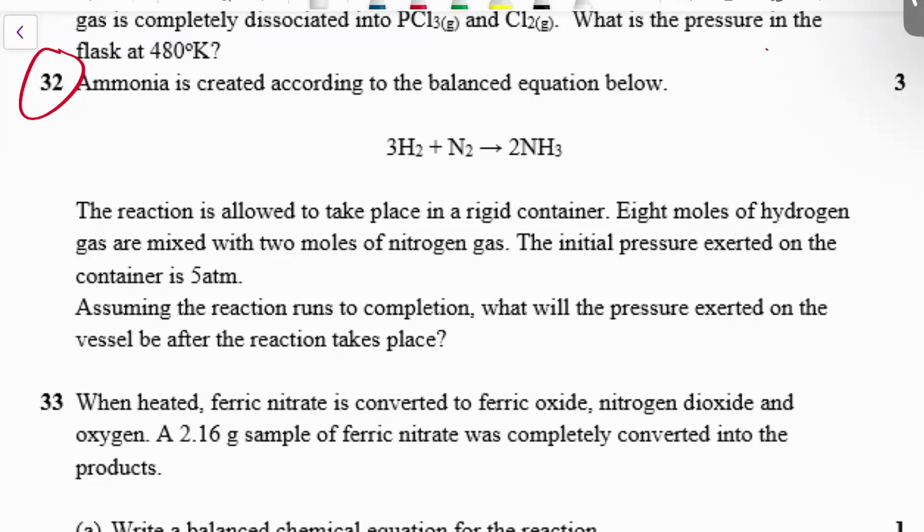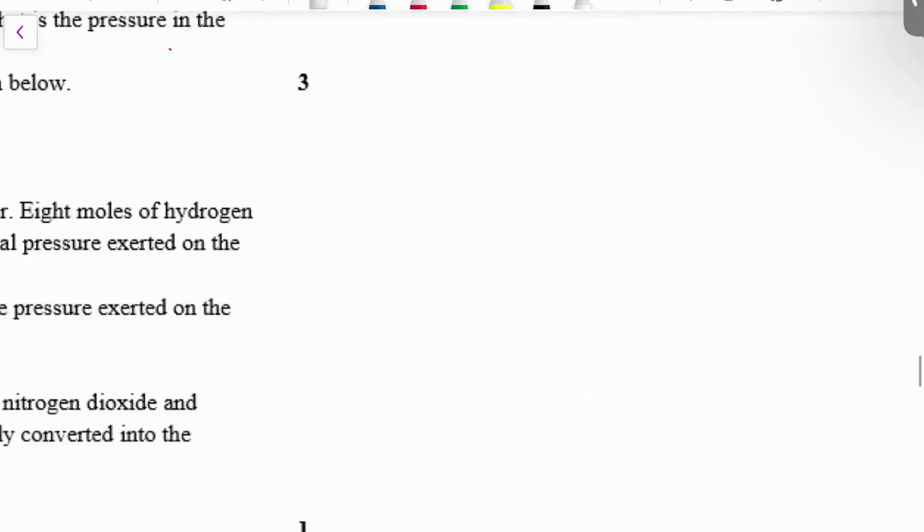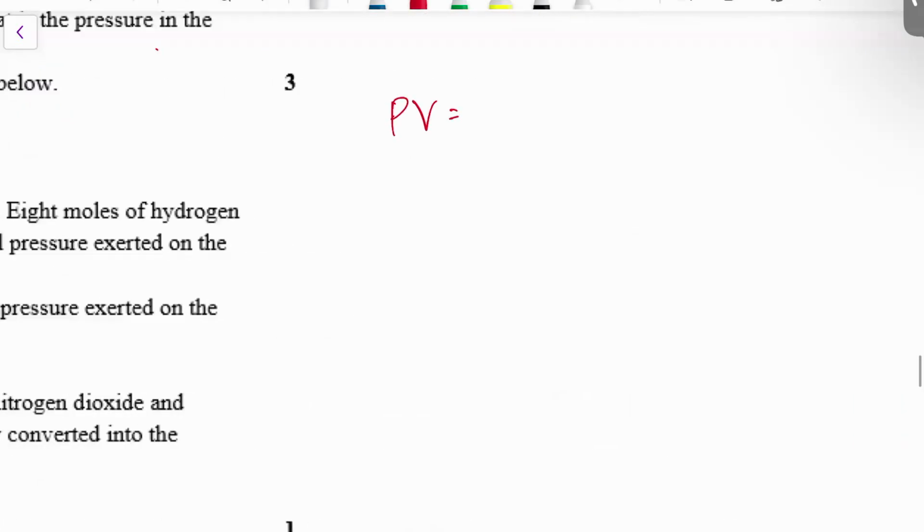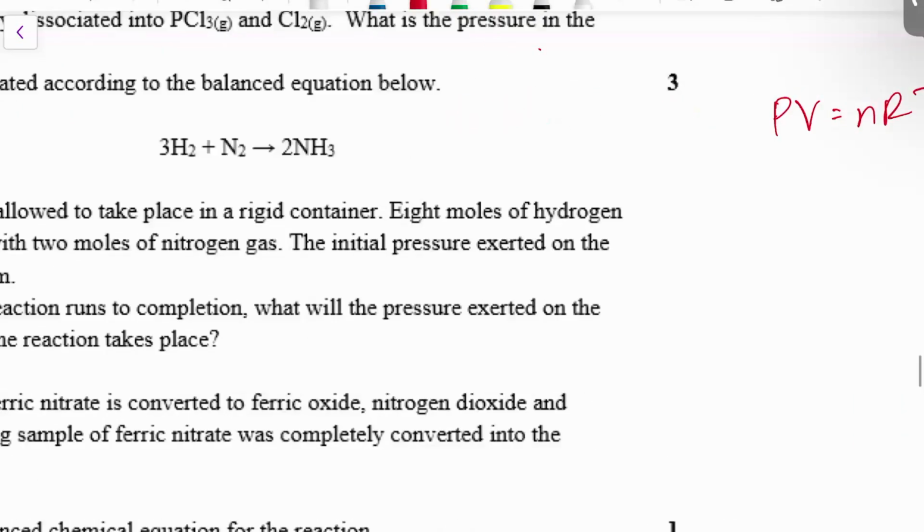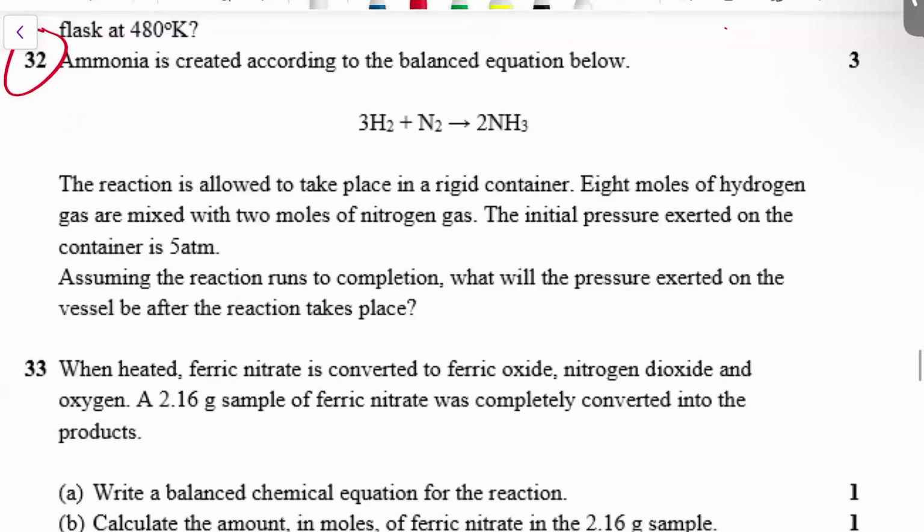Okay, I've got some moles, I've got some pressure, temperature and volume are not mentioned. I can't use the ideal gas equation directly, but I'm going to use a version of it. PV is nRT. Apply what you learned from the previous question, the notes that you took down. What's changing here? What variables do you want to move to one side together?